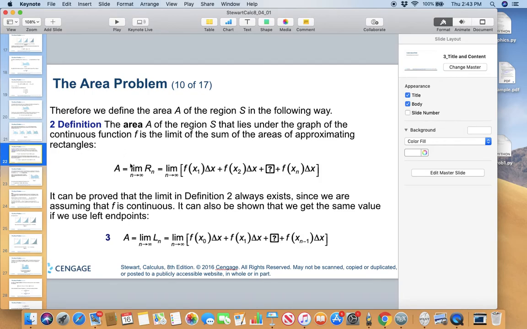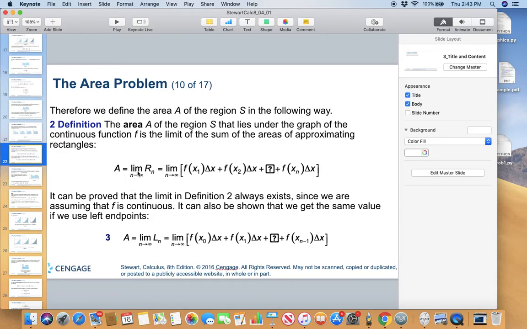Which brings us to the definition of area. The area A of the region S that lies under the graph of a continuous function f is the limit of the sum of the areas of the approximating rectangles.